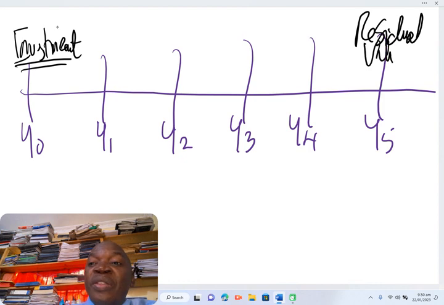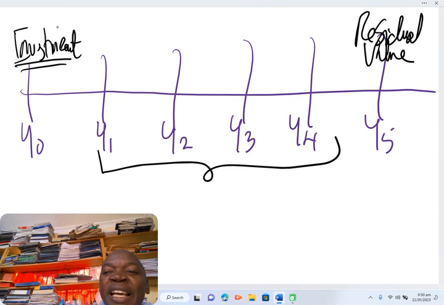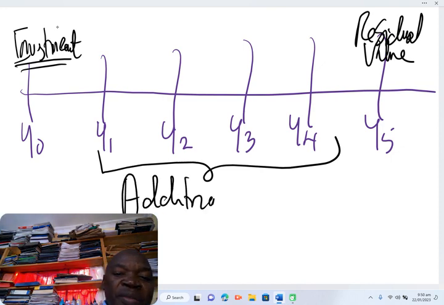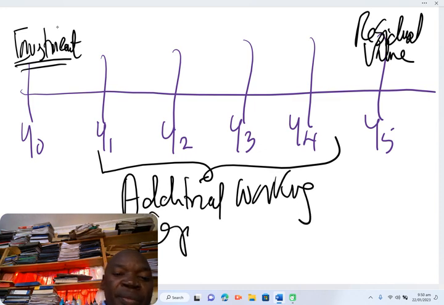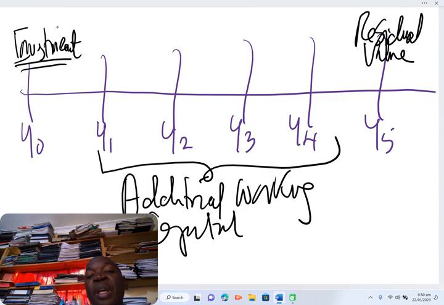Also, if there has been an additional working capital at the mid of the project.